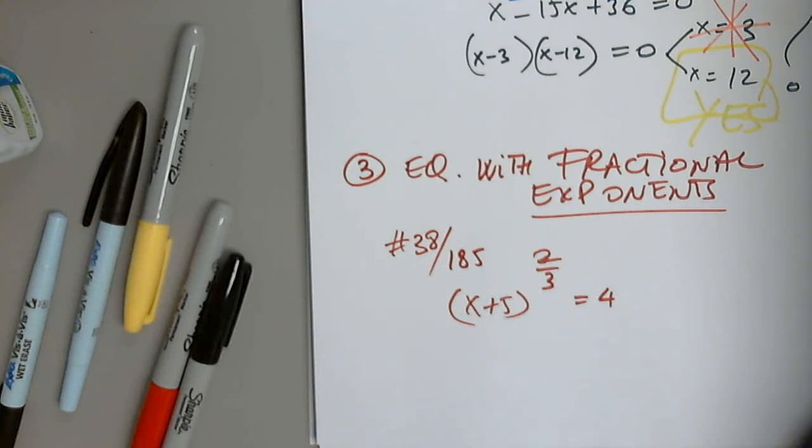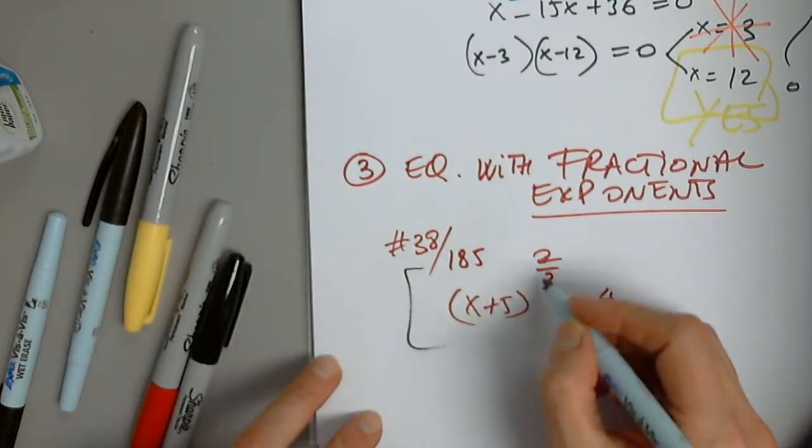Actually it's a radical equation, to be exact, but it's not the plain cube root. 2 over 3 is basically the cube root of this square. So first I would like to eliminate this denominator, like we eliminated the 1/2. What do you think I have to do to both sides to eliminate the denominator of 3?